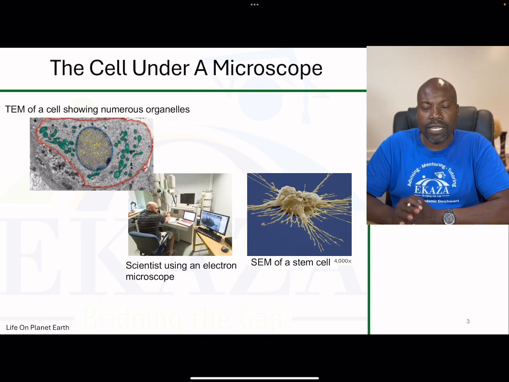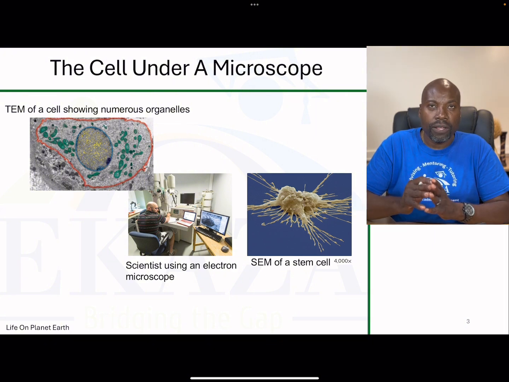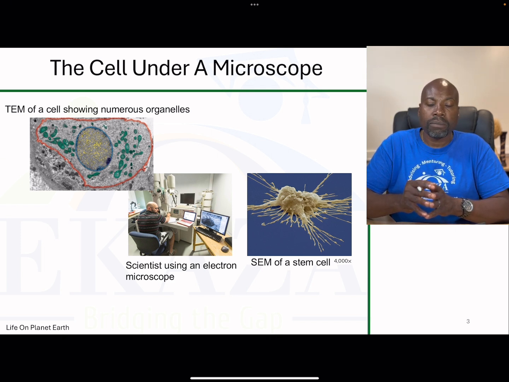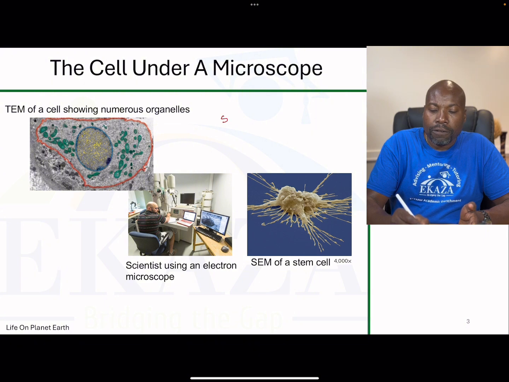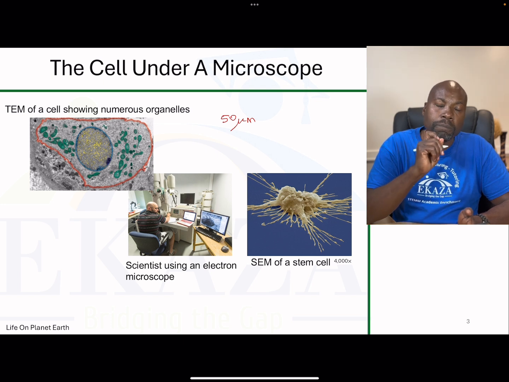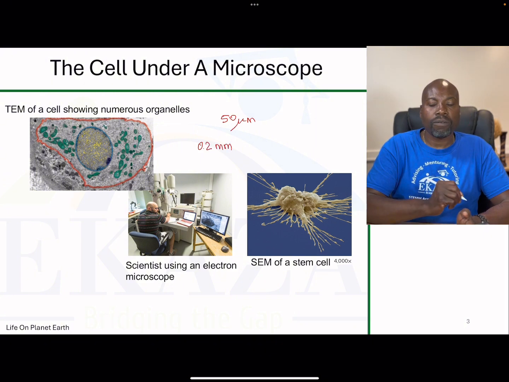Before we address this though, know that cells are very small. The cells in our system are very small. On average, a cell in a human is going to be about 50 micrometers in diameter. Now, the smallest particle that you can see with your naked eye is about 0.2 millimeter, right?